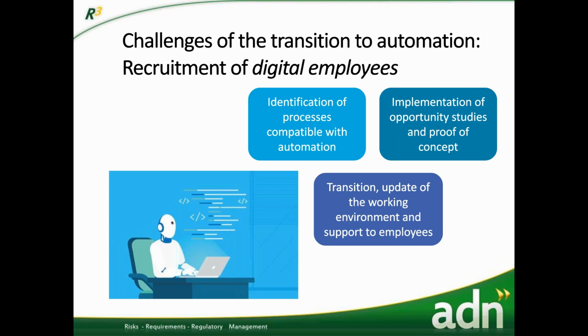We have to identify a process that is compatible with automation and provide a proof of concept within opportunity studies to be sure that there is an interest, a technical possibility and an advantage to switch a process or a part of a process into automation.